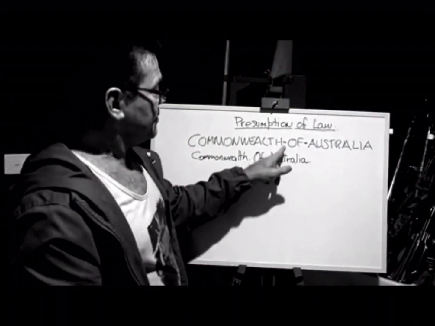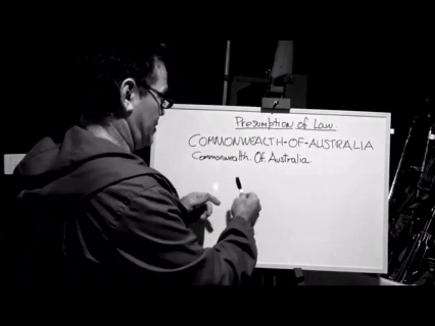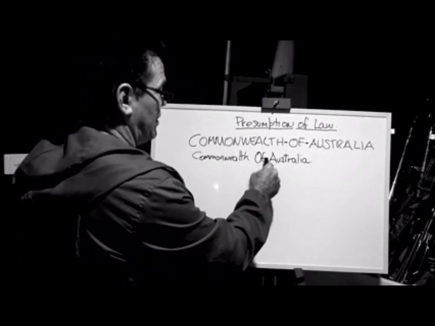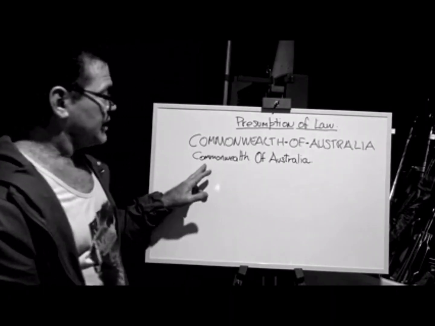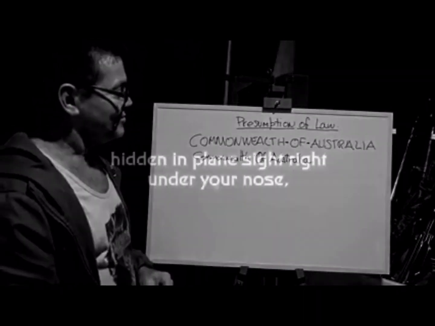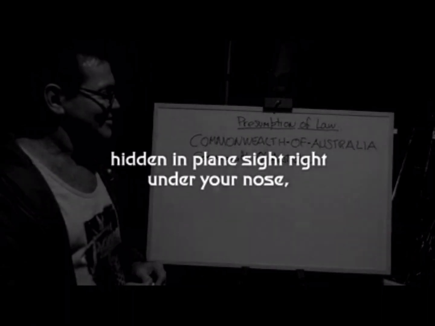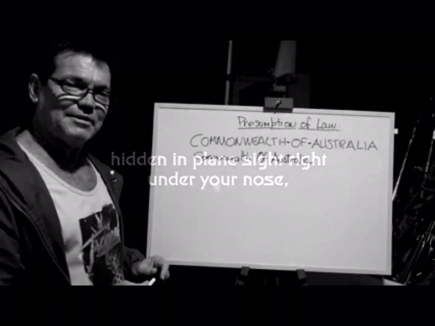When we hyphenate between the Commonwealth and the of and the Australia, that then comes back to Commonwealth of Australia. Can you see what's going on?